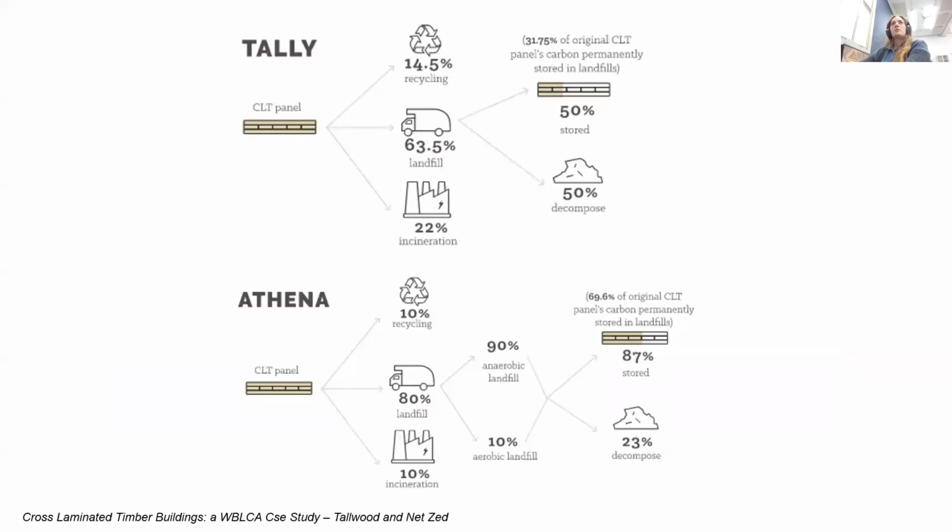So there's this really great study by Tallwood and NetZ. It's called Cross-Laminated Timber Buildings, a Whole Building LCA Case Study, that I would recommend you take a look at. I found it really interesting. But it starts to compare, when you're looking at different breakdowns of timber, what different programs assume for the end of life of a CLT panel.